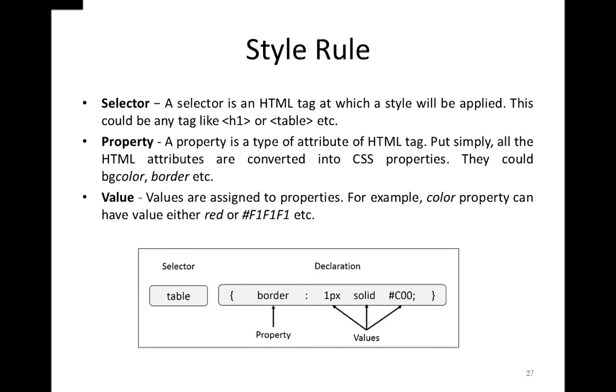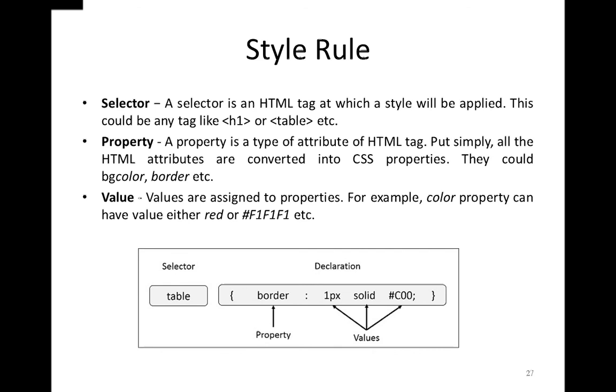And let's look at the style rule. When you want to write a style for a particular element, you have to follow the style rule syntax. The style rule syntax has three major parts: selector, property, and its value.